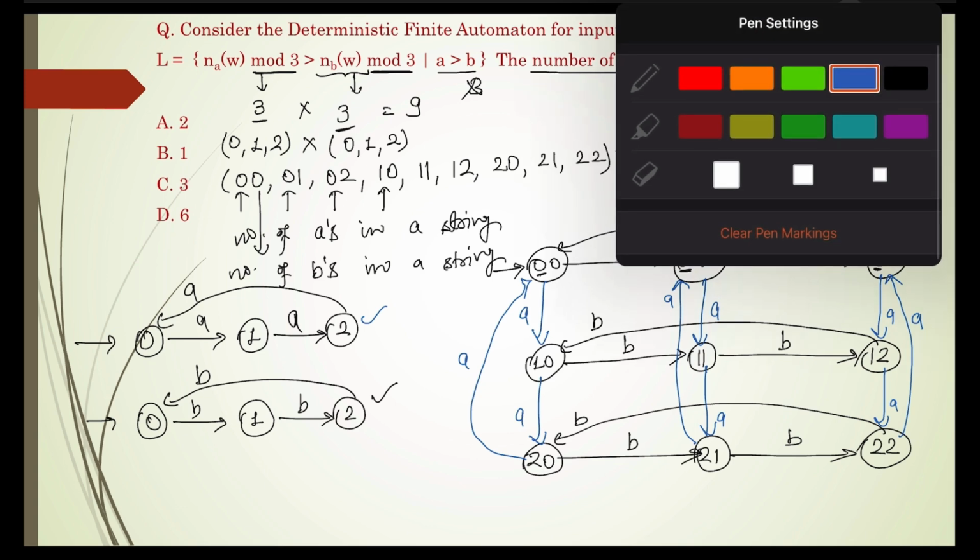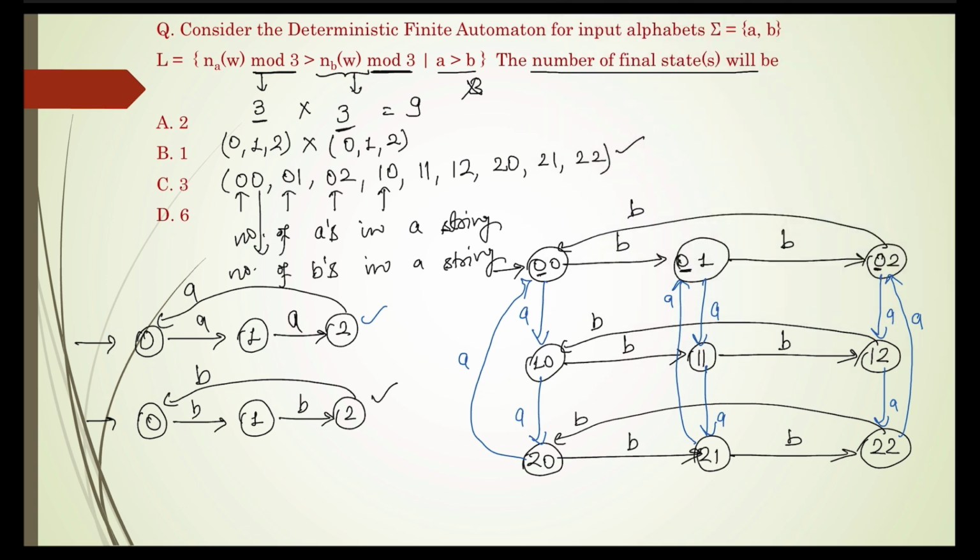Now at any state you can check whether this is satisfying the condition or not. Take state 1 1. When you reach this state 1 1 from the initial state 0 0, the number of A should be 1 and number of B should be 1. So either you can take this path, or you can take this path, and number of A and B both will be 1.